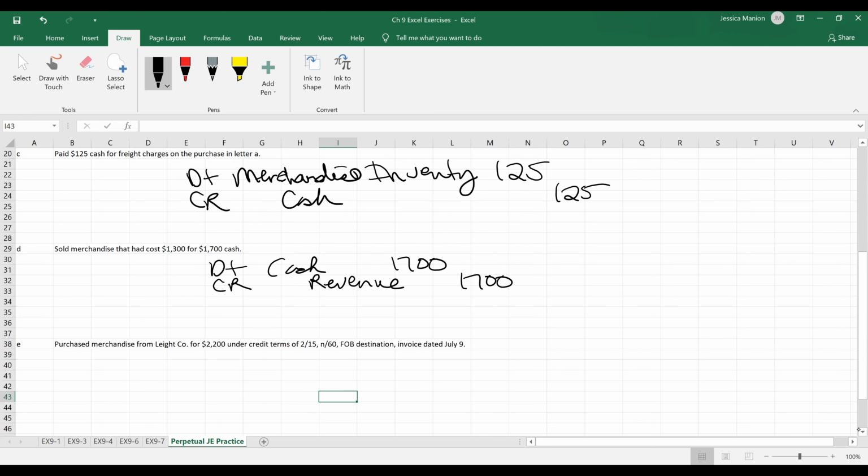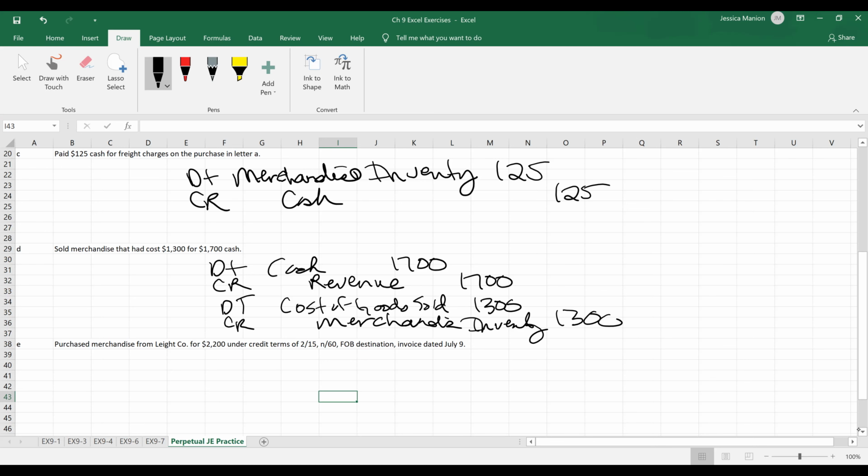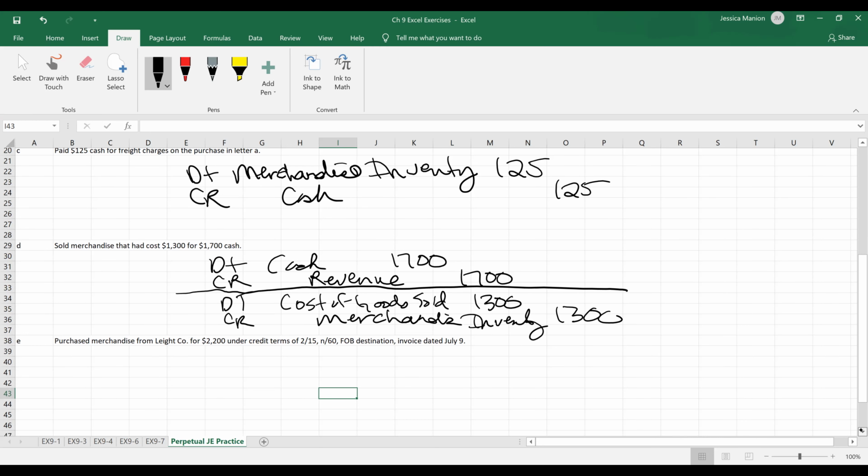And then the cost is 1,300. So debit cost of goods sold, 1,300. Credit merchandise inventory, 1,300. Right, two transactions there, one to record the sale, one to record the cost of goods sold.